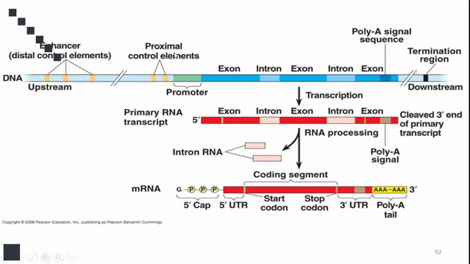Recall again the structure of the eukaryotic gene. As you can see here, the control or regulatory region upstream. You can see the exon and the introns. You can see the poly A and you can see the termination. So remember we talked about 5' untranslated and then 3' untranslated region.